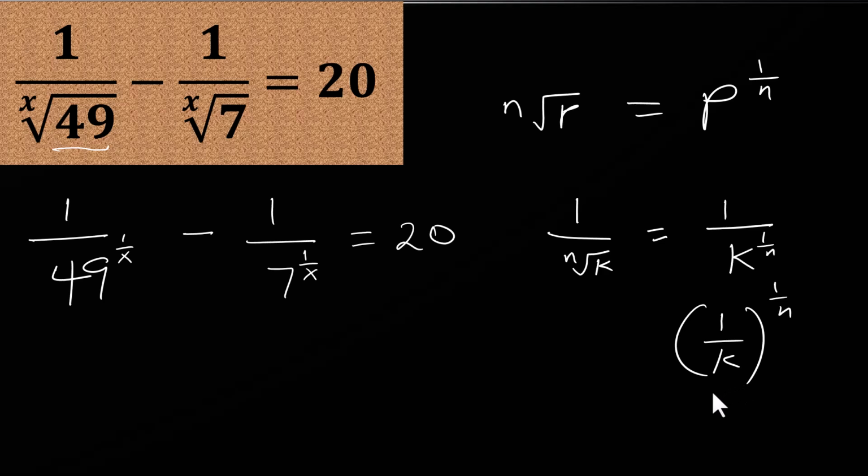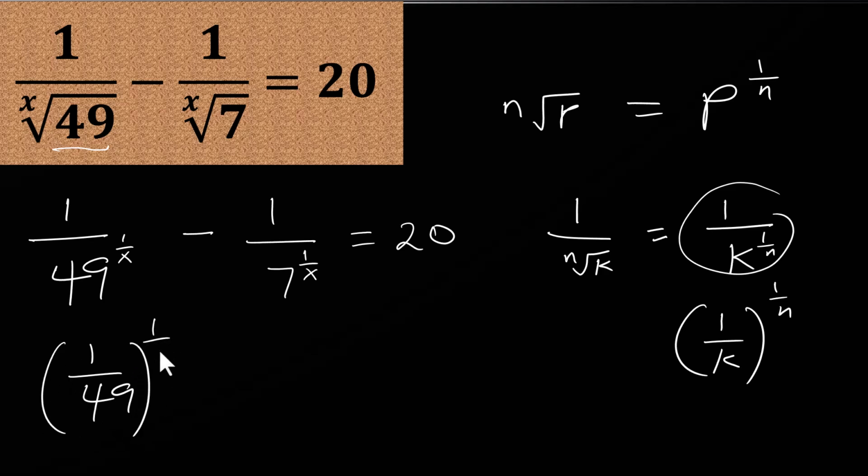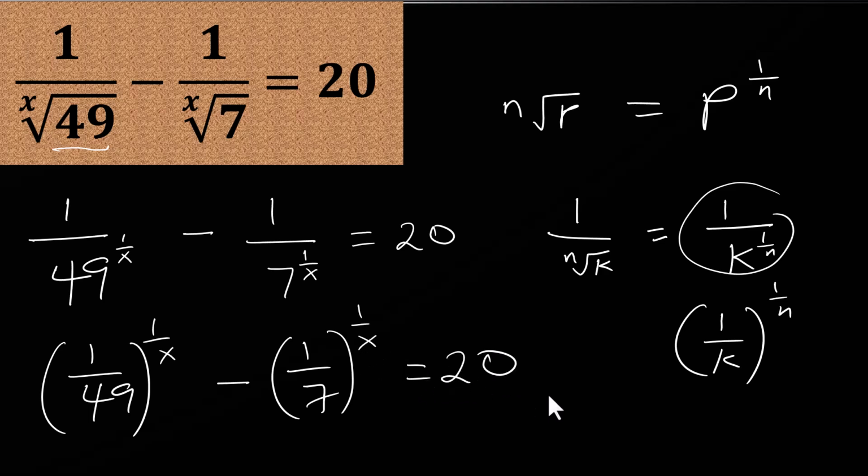Now let's observe this. We have similar ones here. Now we can say 1 on 49 all raised to 1 on x minus 1 on 7 all raised to 1 on x equals to 20.